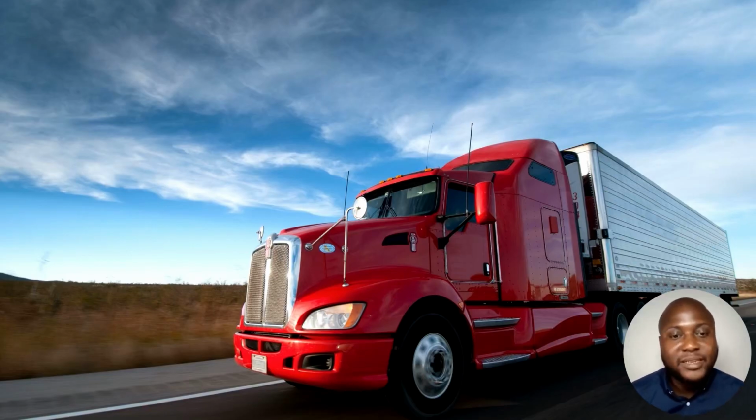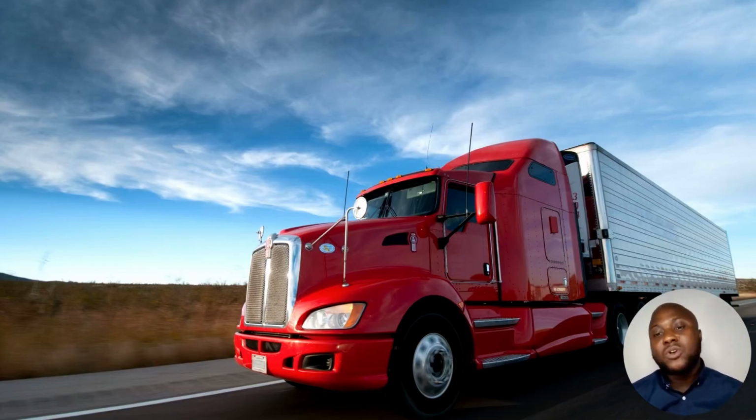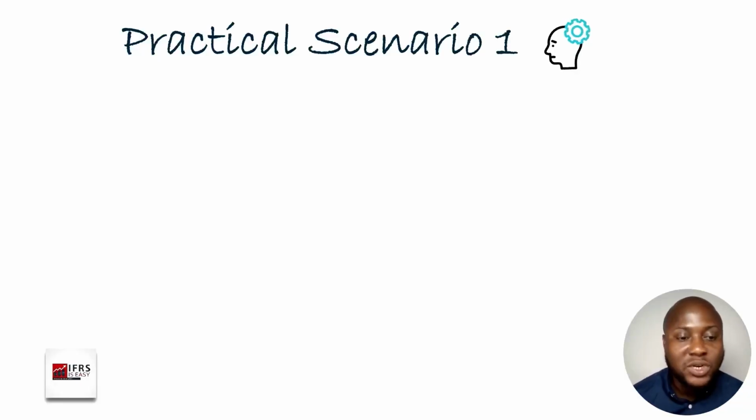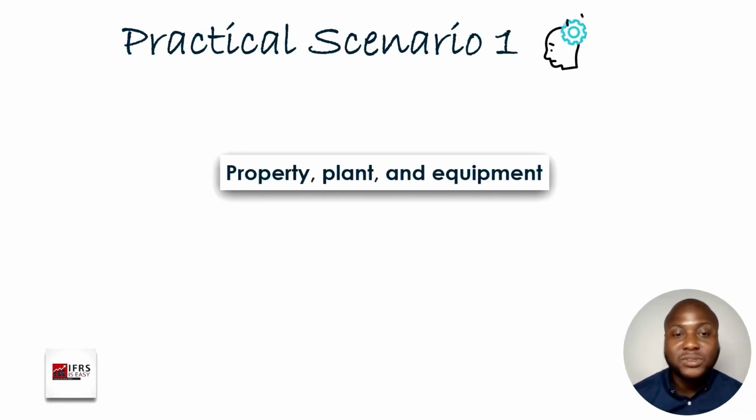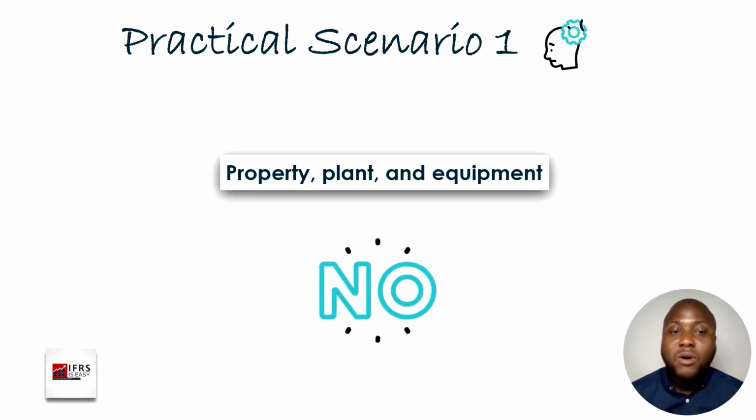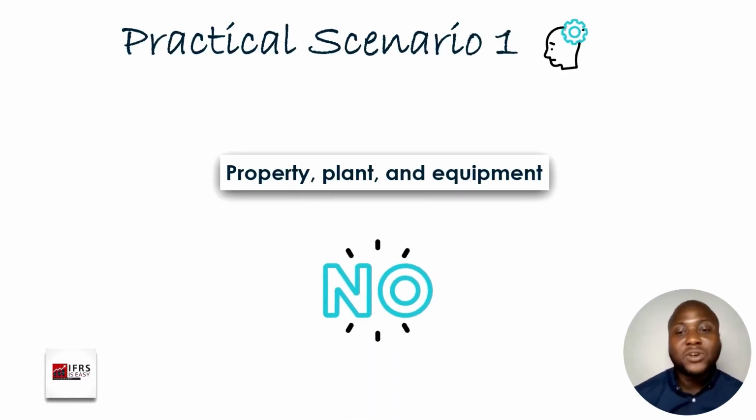I mean, you don't expect cash from the truck. What you expect is the consumption of the truck, in terms of usage of the truck. Even though your truck is part of your business that helps your company to generate revenue, it does not directly give you cash. So the question of whether PPE is a financial asset or not gives us the answer of what? Of no. PPE is not to be considered a financial asset.